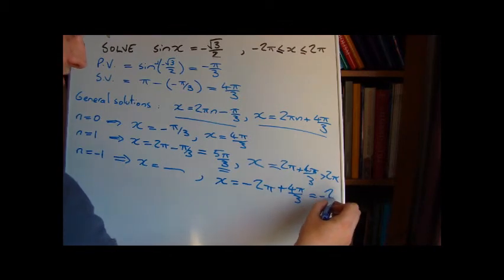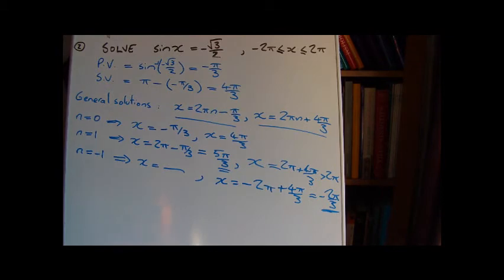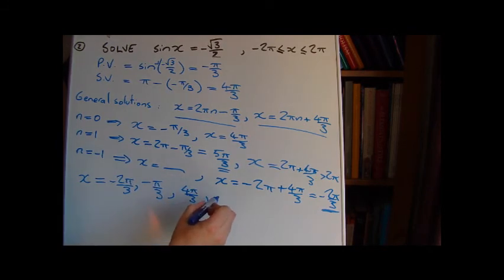It's equal to minus 2 pi over 3. Okay, if we did n as minus 2, we'll get values which are also smaller than the lower end of the interval. So our complete set of solutions looks like this. Arranging them in order, we get minus 2 pi over 3, minus pi over 3, 4 pi over 3, and 5 pi over 3.